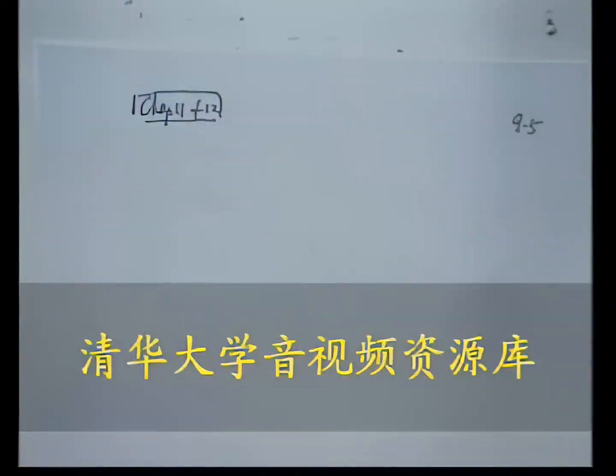We'll move on to chapter 11 and 12. Now the book, I'm not happy with the presentation of chapters 11 and 12 in the book. So what I'm going to tell you now is more advanced than what's in the book.